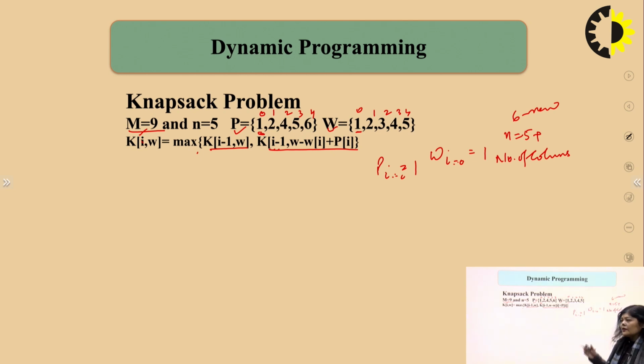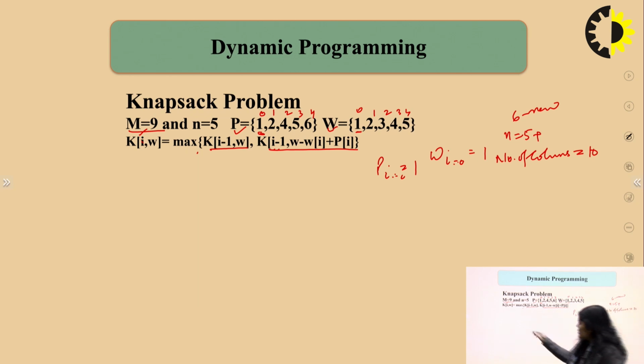And again, as we did for the rows where we took one extra row, here for computational purposes we will take one extra column. So in this case, the number of columns will be 10, that is 9 plus 1. 9 because we have the maximum capacity of the knapsack as 9.